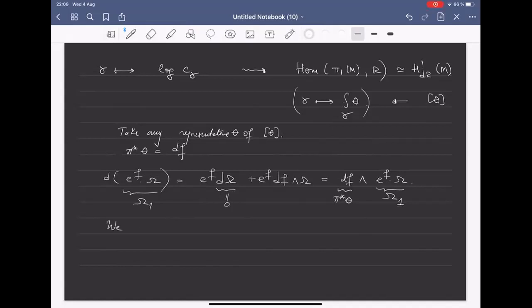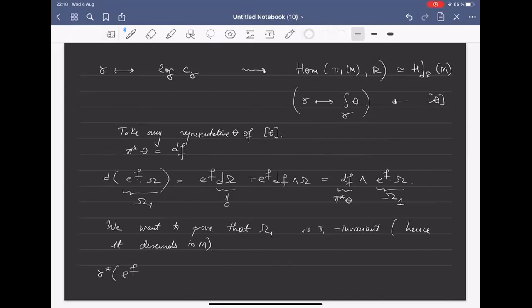So we want to prove that omega 1 is pi 1 invariant, and therefore it descends to M. Well, to check that it is pi 1 invariant, we just take a deck transformation and do the computation, gamma star of omega 1.